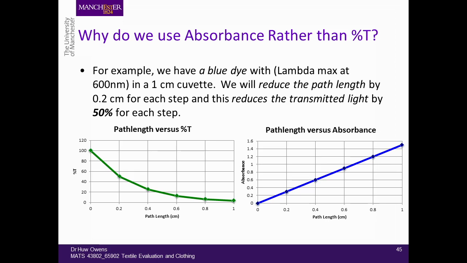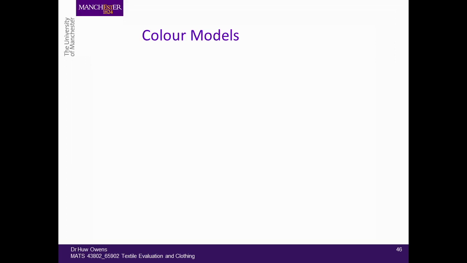And we can predict very easily from this straight line relationship what our absorbance will be for a given path length. Okay. So we started off with something that's non-linear, this curve, and just by converting the transmittance values to the absorbance values, we get something that's a straight line, which means it's trivial to calculate what we need.